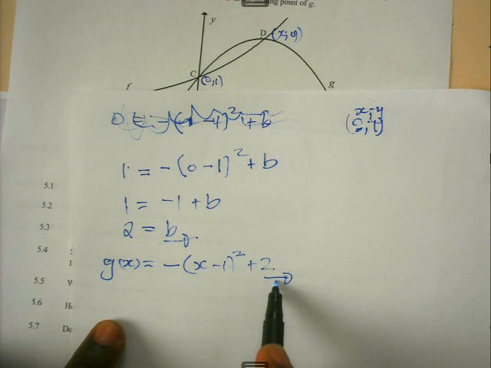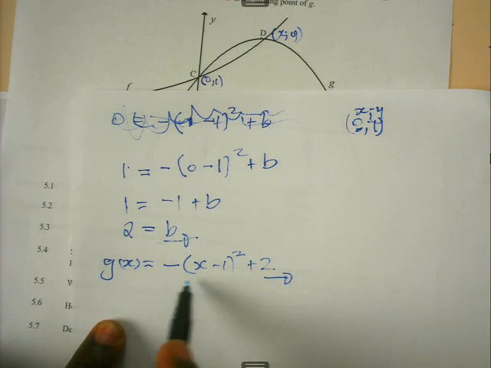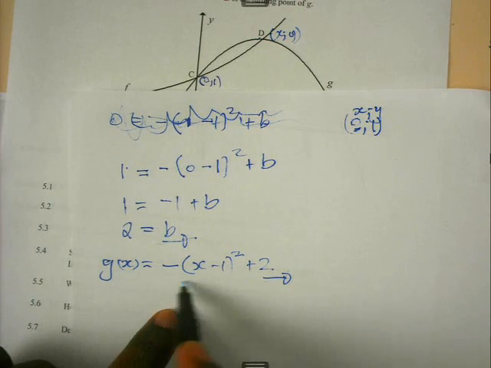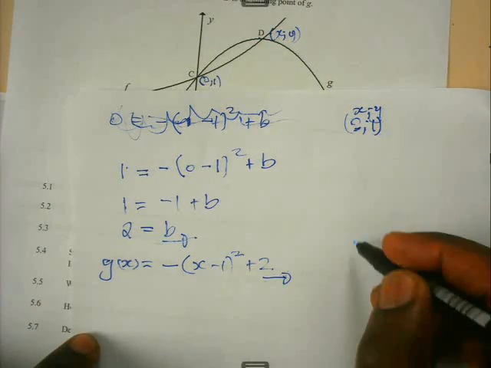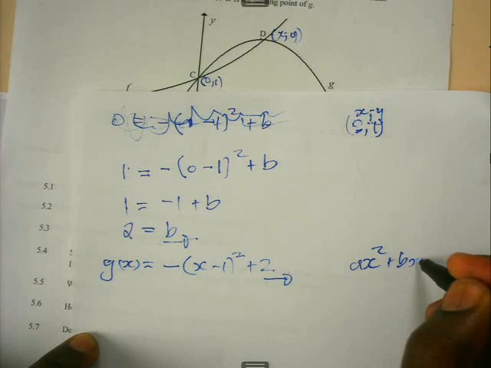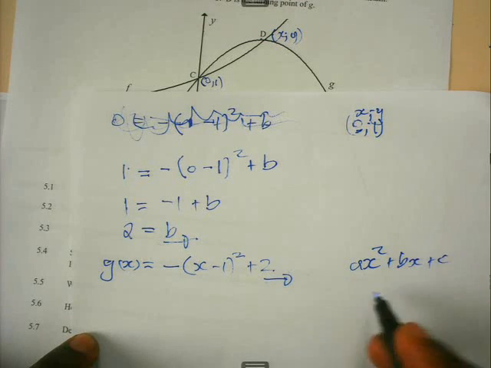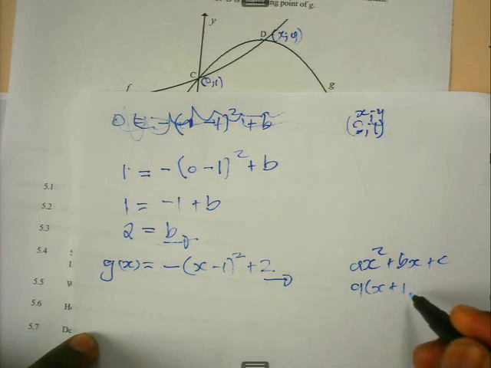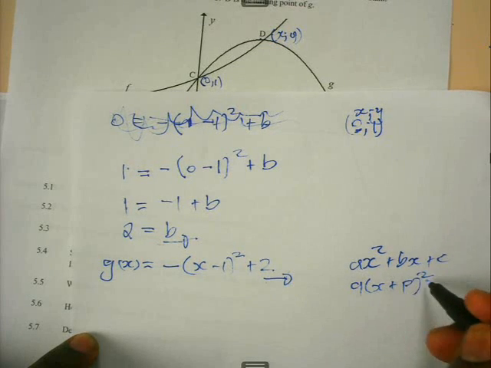It is always easy to write down the coordinates of the turning point if it is written like this, as compared to when it is written in this form. Remember, we have 2 forms of writing quadratic equations. Either it's this form or it's a into x plus p all squared plus q.